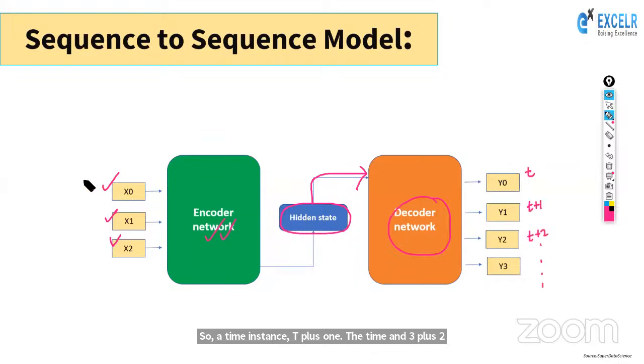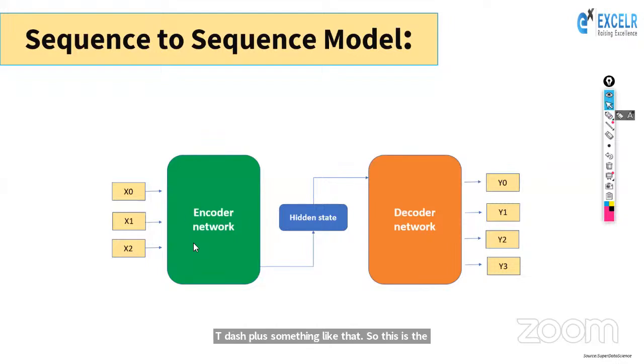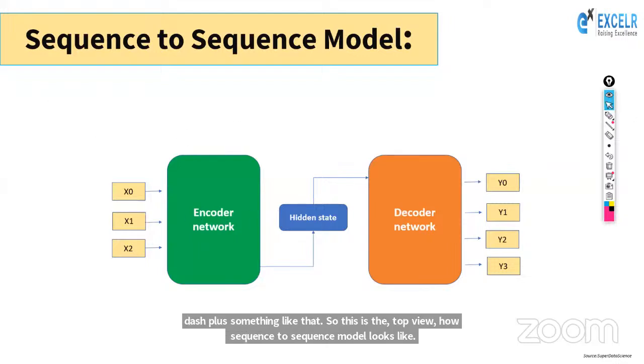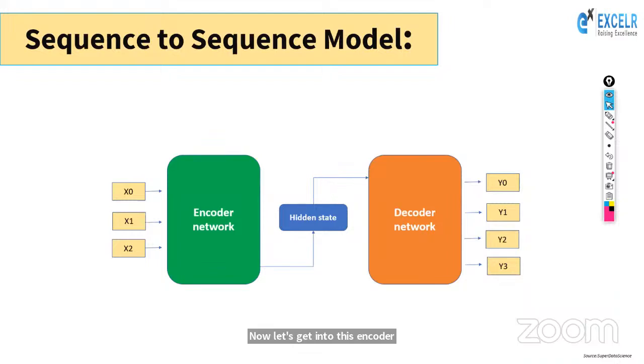So we have an input at time instance t plus 1, t plus 2, and here we have t dash plus 1, something like that. This is a top view of how the sequence to sequence model looks. Now let's get into the encoder network and decoder network.